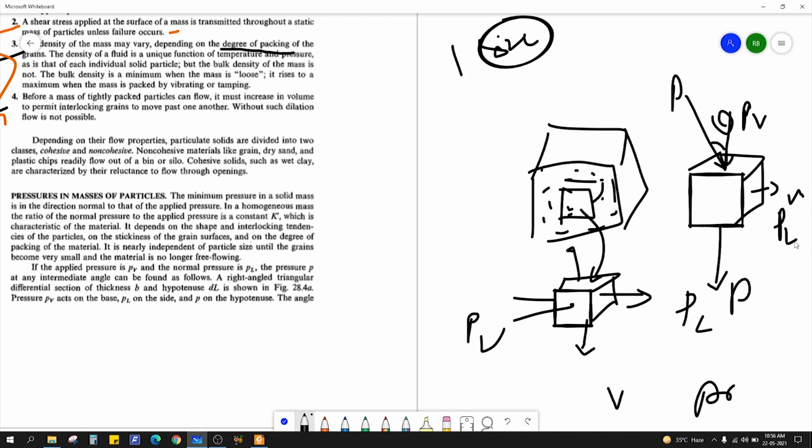PL is the minimum pressure, or it is called normal pressure because it is 90 degree. This will always be at 90 degree to this. If I apply the applied pressure at an angle, then at 90 degree it will be PL, it will always be minimum. But what about the pressure in any direction, here? So let's find out by deriving a formula.